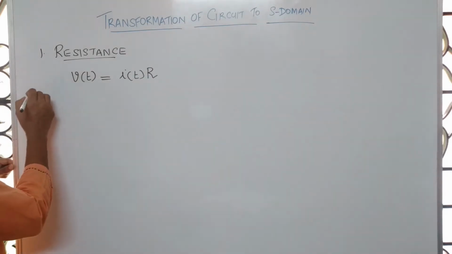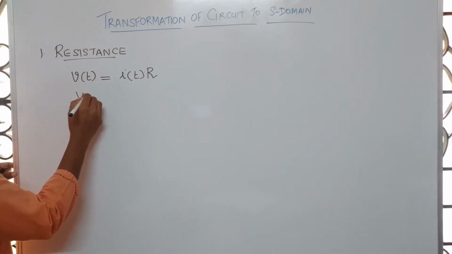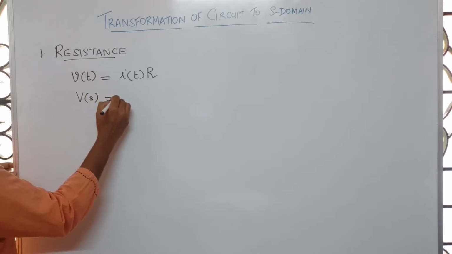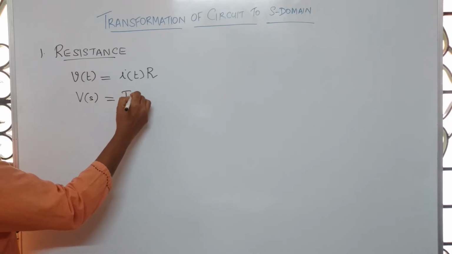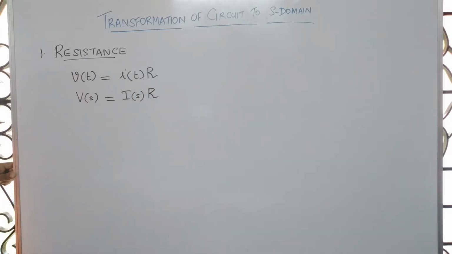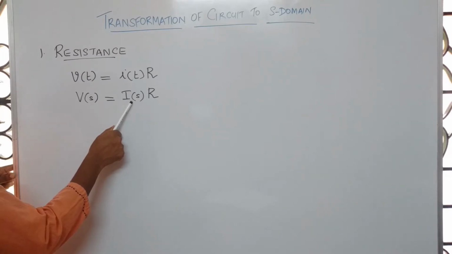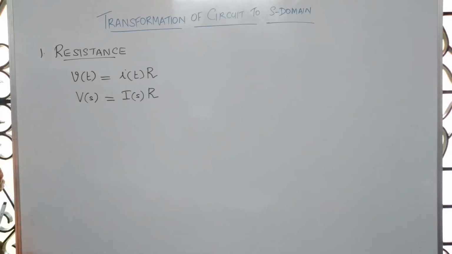Now taking Laplace transform on both sides, V of t can be represented as V of s, and I of t can be written as I of s. R is a constant which will remain the same. So V of s equal to I of s into R.